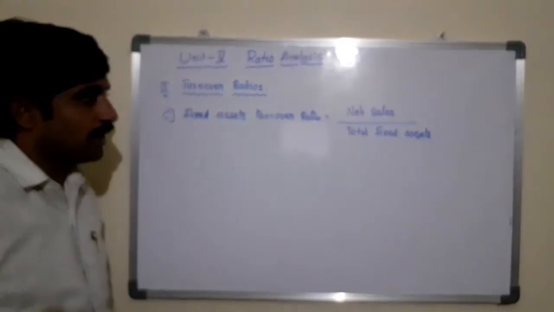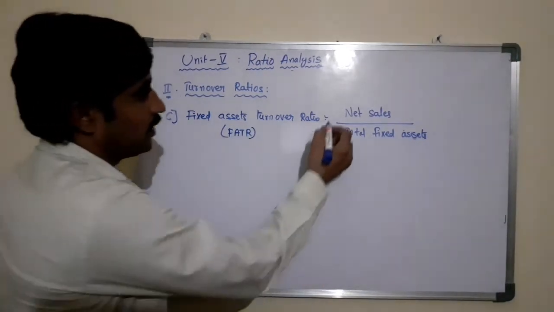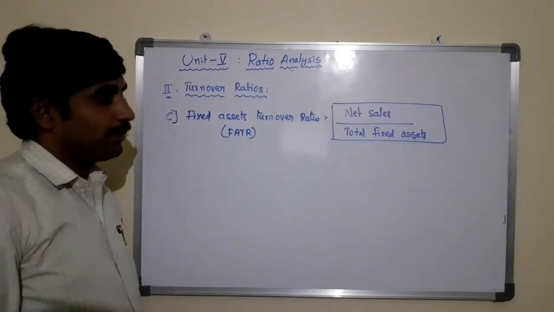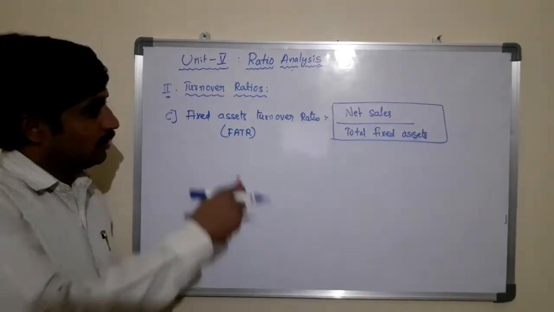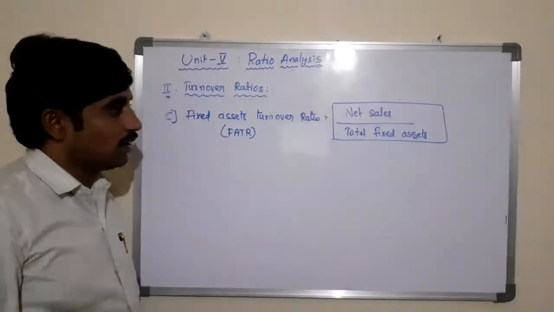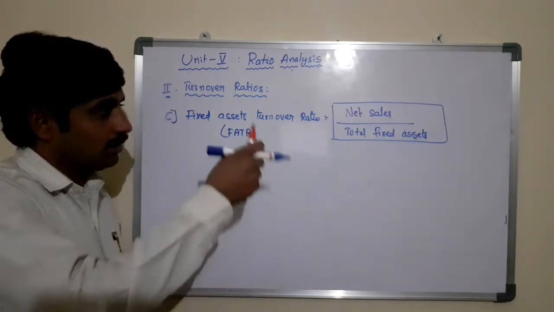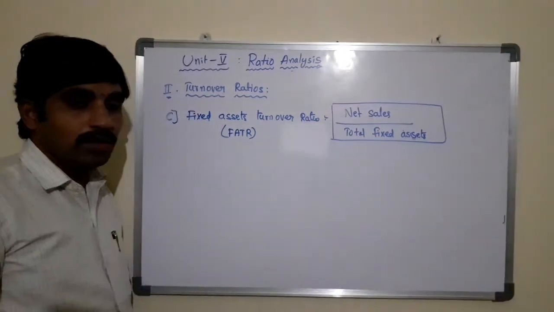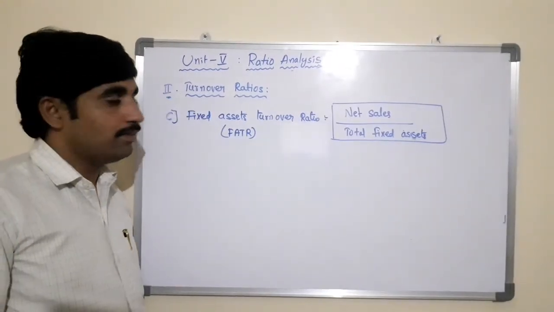The formula for calculation of the fixed assets turnover ratio is net sales by total fixed assets. The purpose or the significance of this fixed assets turnover ratio is to know whether the business is utilizing the fixed assets effectively and efficiently in order to increase the performance of the business.